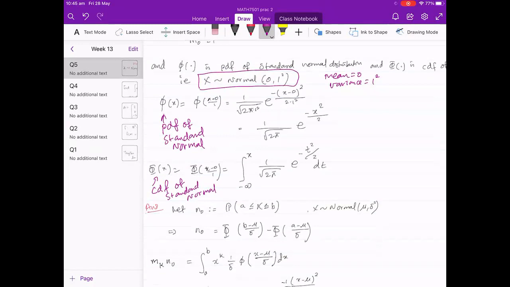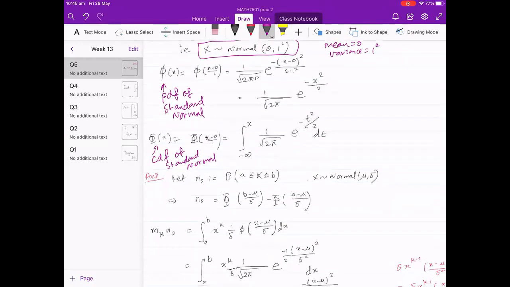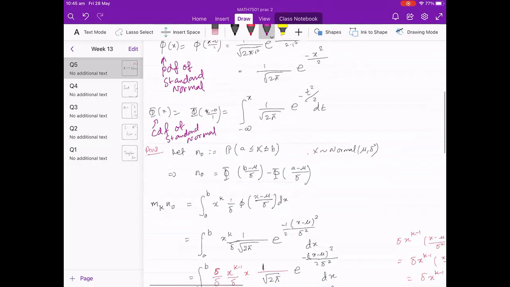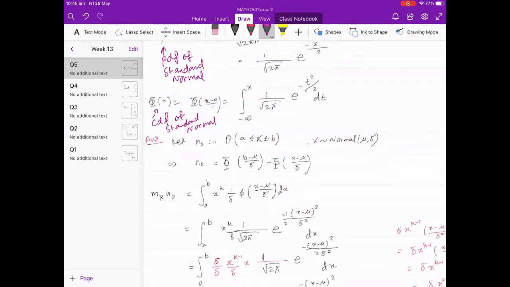Okay, I started with defining, let N0 be the probability that X is between A and B, where X is in general normal with mean mu and variance sigma squared.